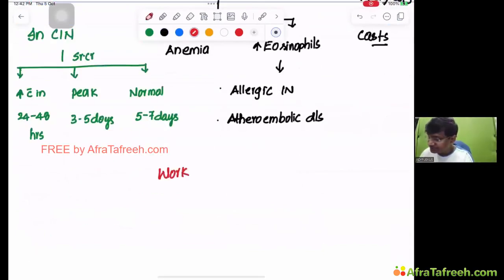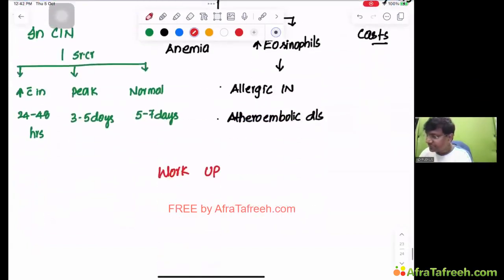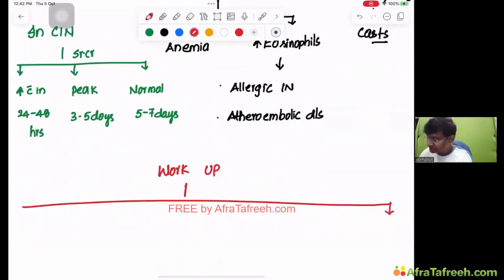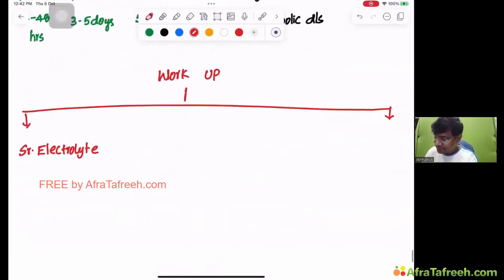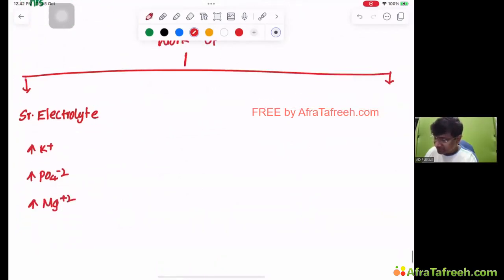So in the workup, apart from the serum creatinine, complete blood picture, and urine microscopy, the serum electrolytes, you will notice that there is hyperkalemia, there is hyperphosphatemia, there is hypermagnesemia, there is an increase in the uric acid levels, right?